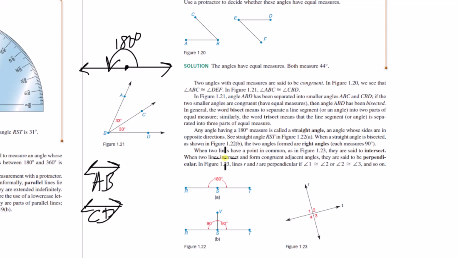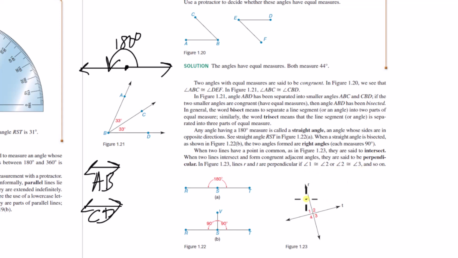Okay, when 2 lines have a point in common, as in this figure here, they are said to intersect. When 2 lines intersect and form congruent adjacent angles, they are said to be perpendicular. In figure 1.23, lines R and T are perpendicular if angle 1 is congruent to angle 2, or angle 2 is congruent to angle 3, and so on.